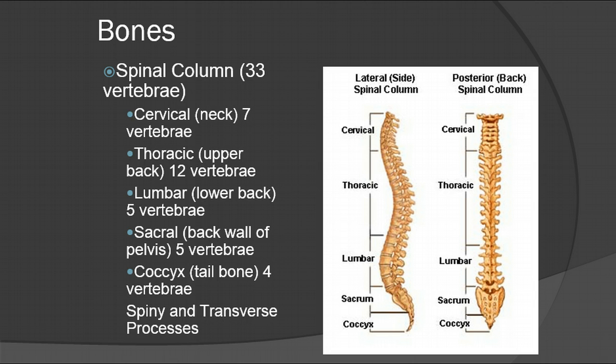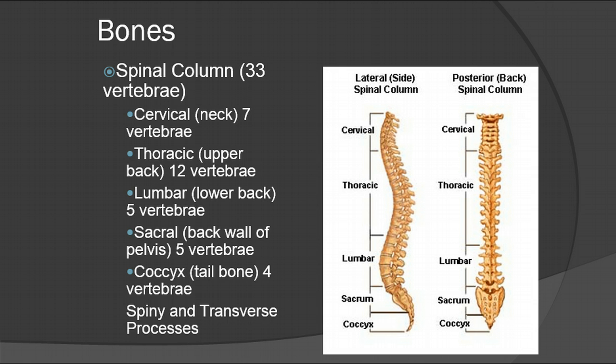All right, so the next section that we're discussing is going to be the bones, and we'll start with the spinal column. So we have five different pieces to the spinal column.